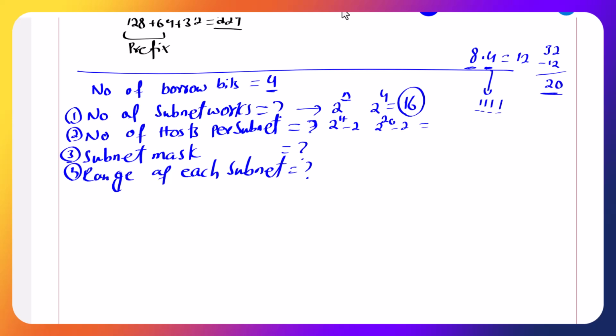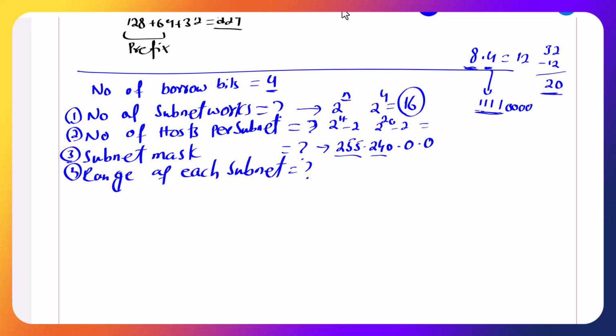So the subnet mask will be 255.240.0.0. 255 means 8 bits are on, 240 means only 4 bits are on, and 240 is the value of these 4 bits, and the rest is off. And now the difficult one, the range of each subnetwork.